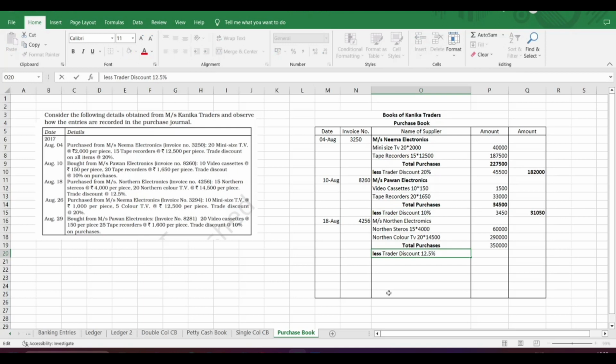So on our total purchase of 3,50,000 into 12.5% discount, 43,750 rupees discount they are allowing. So our total credit purchase will be 3,50,000 minus 43,750. 3,06,250 is our credit purchases from Northern Electronics.